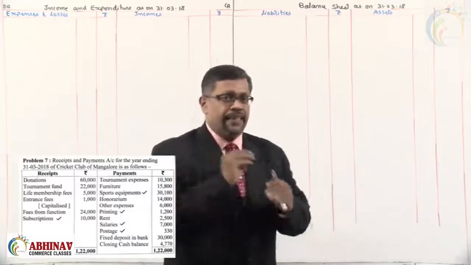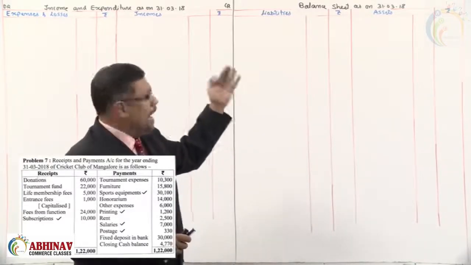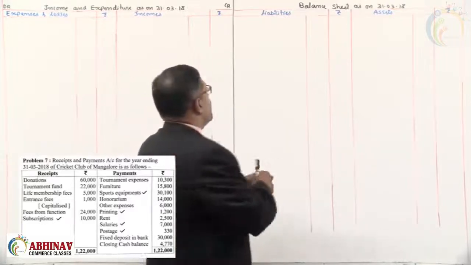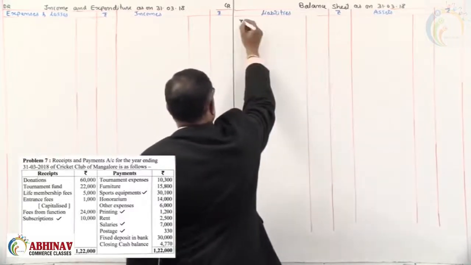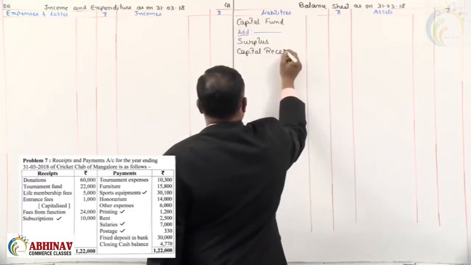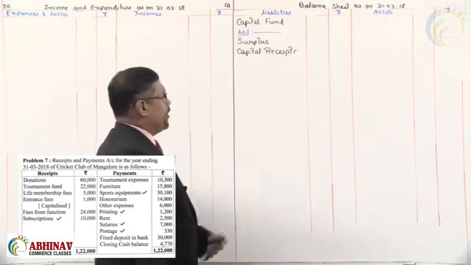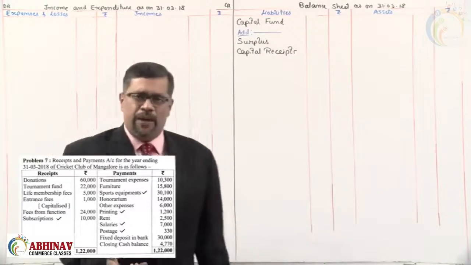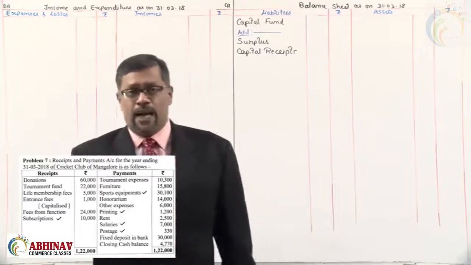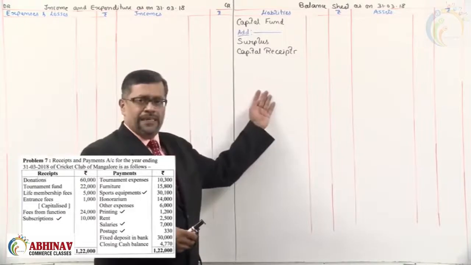Now before we enter that in the balance sheet, let us show the capital fund and surplus, and then we'll enter the items here. So we'll show in the balance sheet capital fund, add the surplus which we get in the account, and if any capital receipts, we'll show them as a liability.